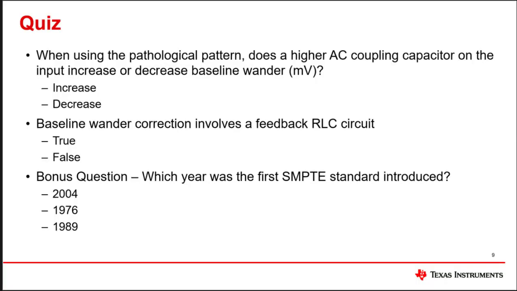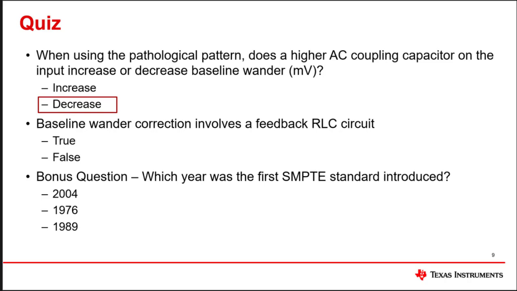Now it's time for a quiz. Be ready and pause the video after each question so that you can take some time to answer. When using the pathological pattern, does a higher AC coupling capacitor on the input increase or decrease baseline wander in millivolts? The answer is decrease.